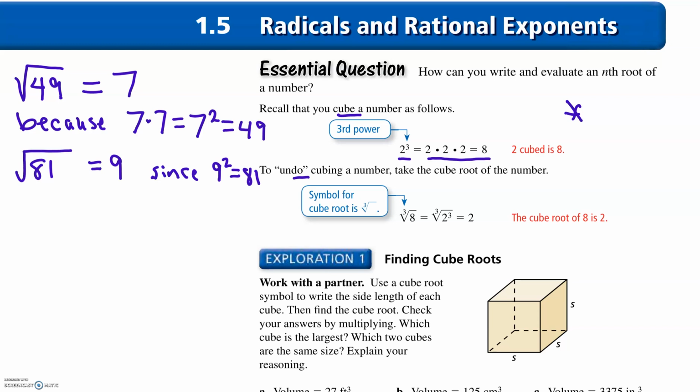And the symbol for that looks a lot like the square root symbol, but it's got the extra little 3, and we call that the index of the radical. So the cube root of 8 equaling 2 is another way of saying that 2 to the third, or 2 cubed, is 8. So the cube root undoes the cube.